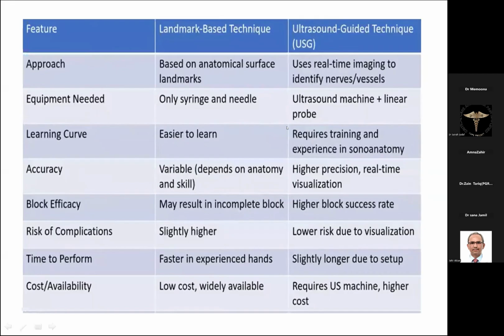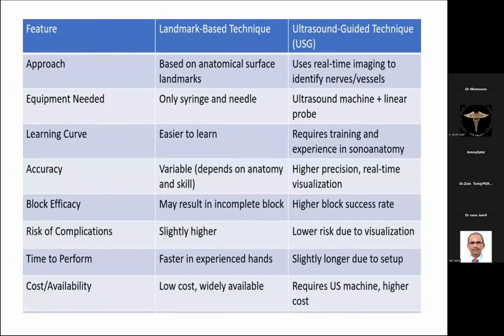When talking about ultrasound guidance for scalp block, it uses real-time imaging to identify nerves and vessels. And you need an ultrasound machine with a high-frequency linear probe, which is a very important limitation because of cost constraints, and these machines and probes are not readily available.